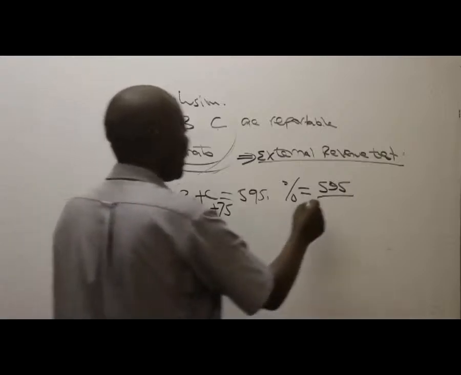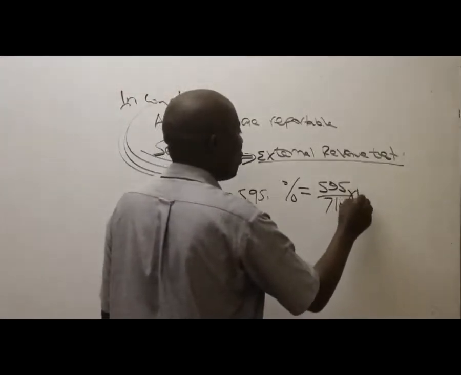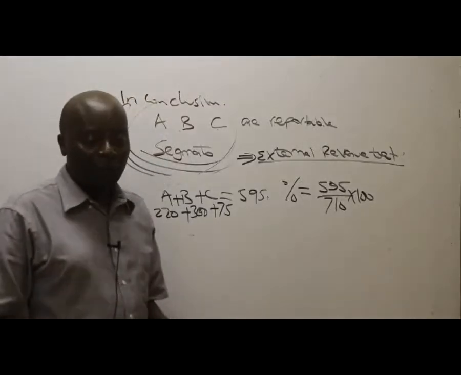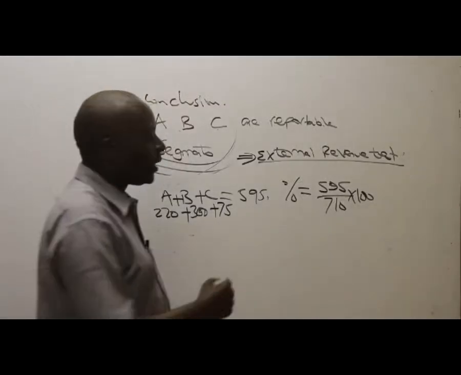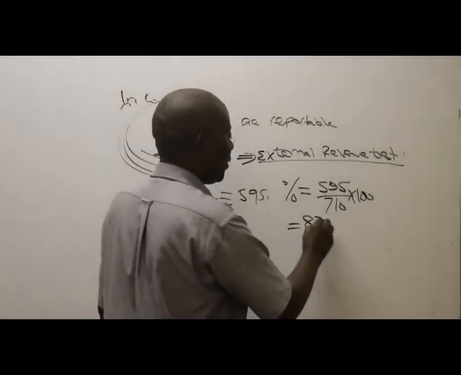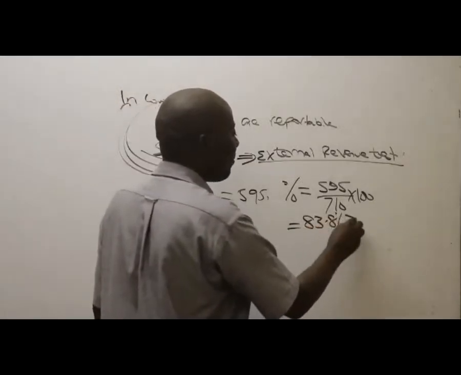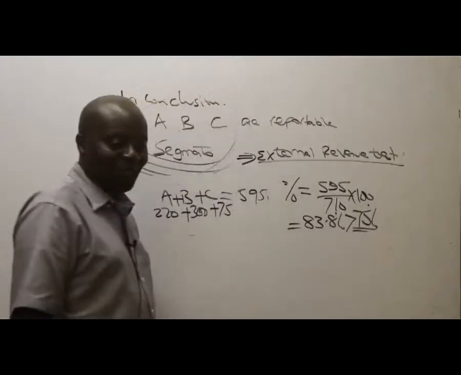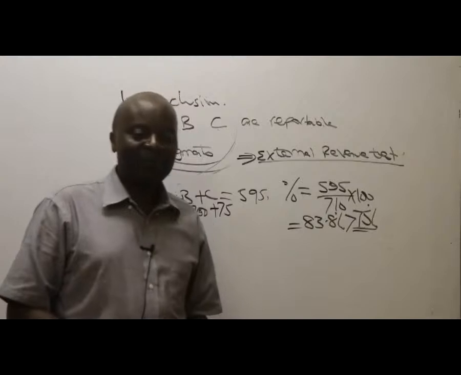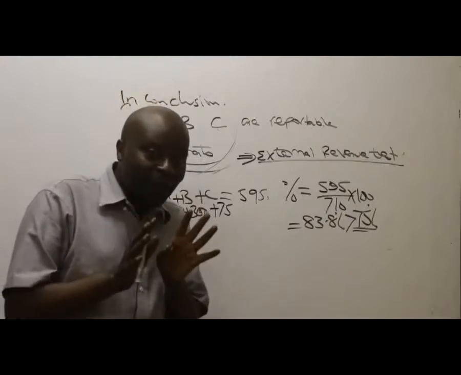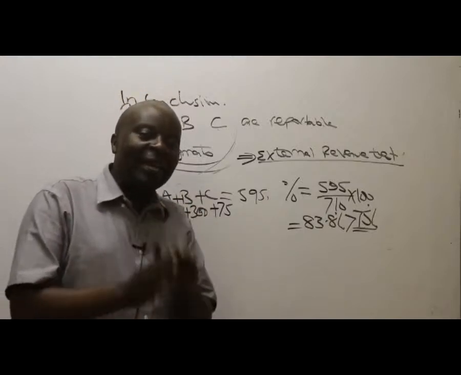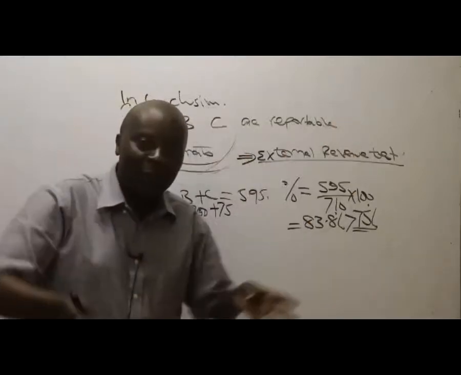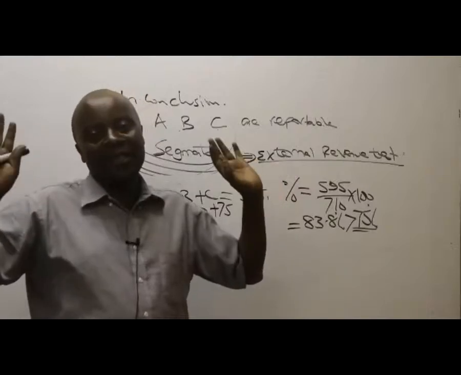So in this case, A, B, and C are able to cover what percentage? 83.80%. And remember, our threshold is 75%, which is three quarters. So long as the reportable segments that you have are able to cover three quarters of the firm's revenue, then don't bring in anything else.